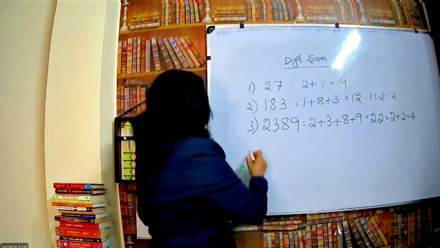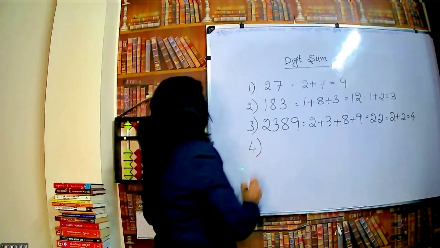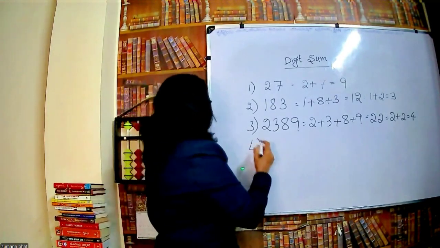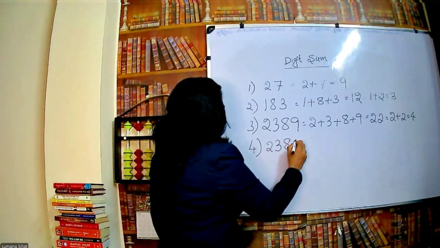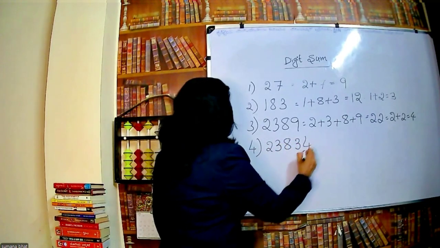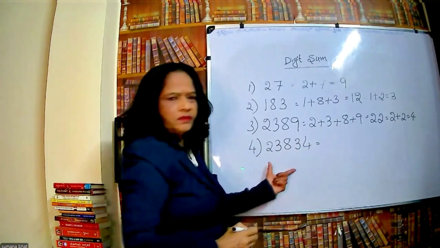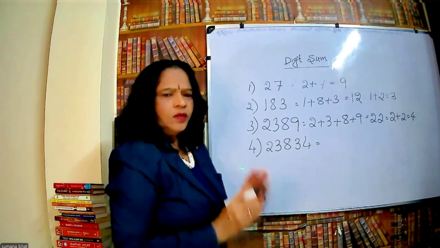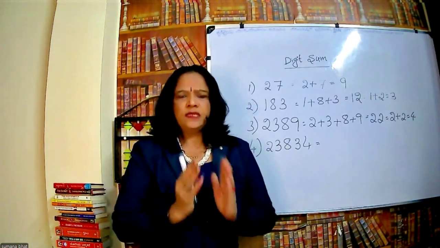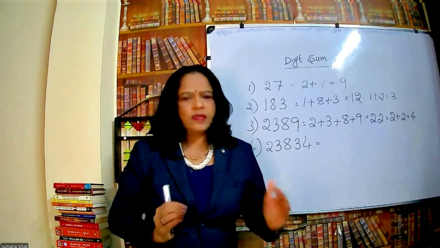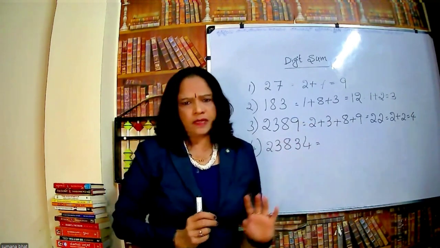One more we are going to do. Let us take a little bigger number, 23,834, a 5-digit number. Whatever the number, maybe 2-digit, 3-digit, 4 or 5, digit sum is always: add all the digits and bring it into a single digit.